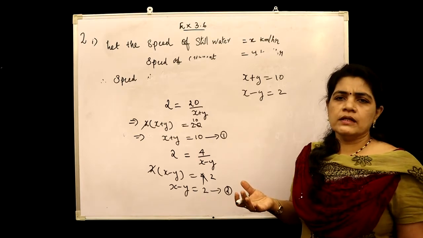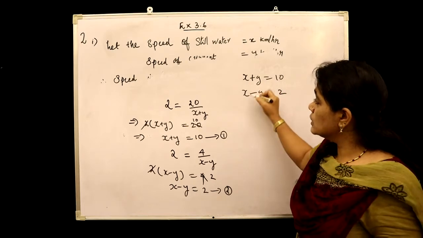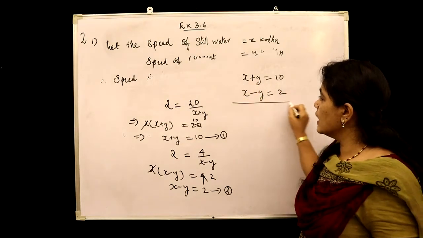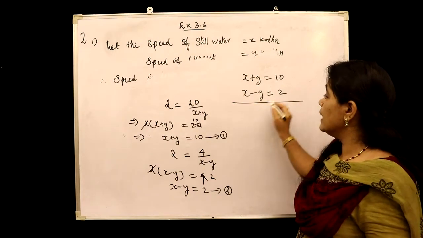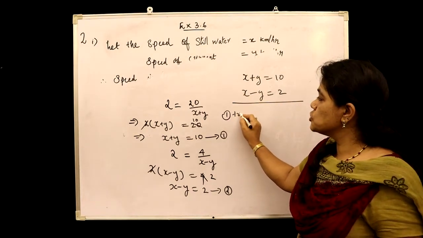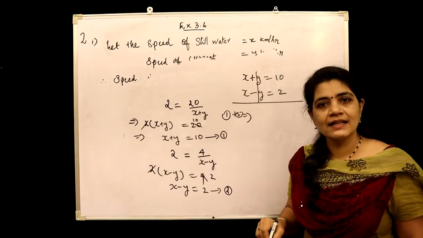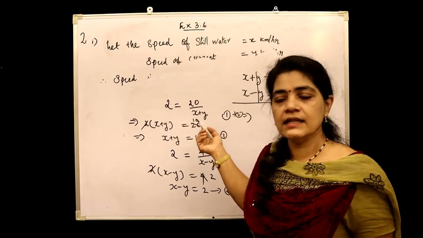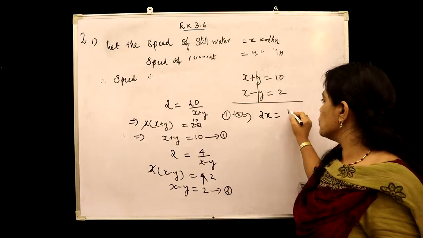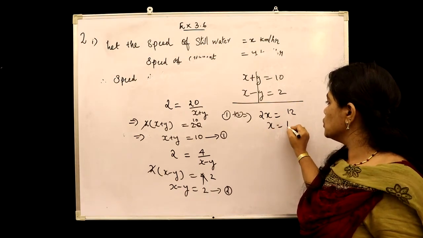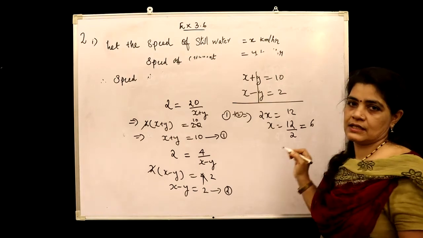By the elimination method we can easily solve this, because both have the coefficient 1, but in y one is positive, one is negative. So simply adding equation 1 plus 2, the plus y and minus y get cancelled, and x plus x, that is 2x, is equal to 10 plus 2, that is 12, or x is equal to 12 divided by 2, and that is equal to 6.